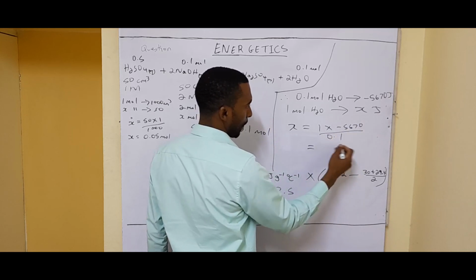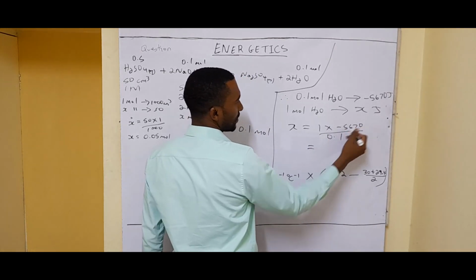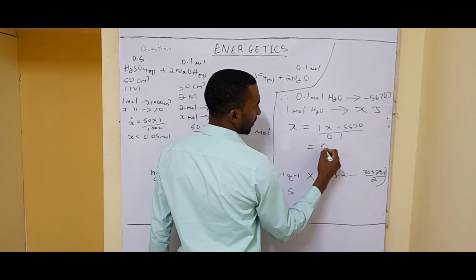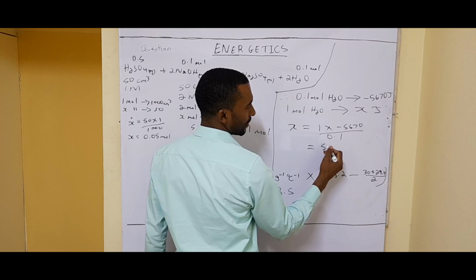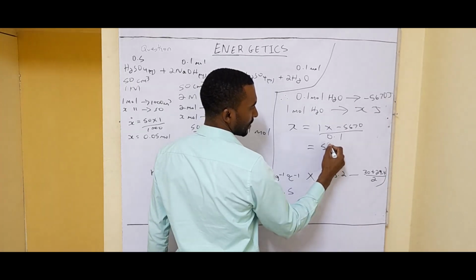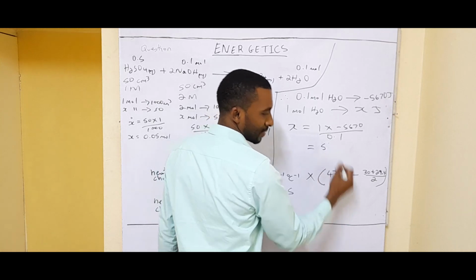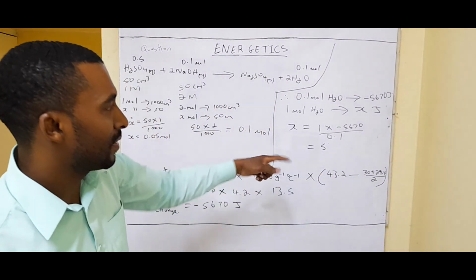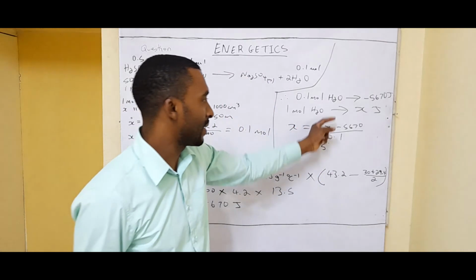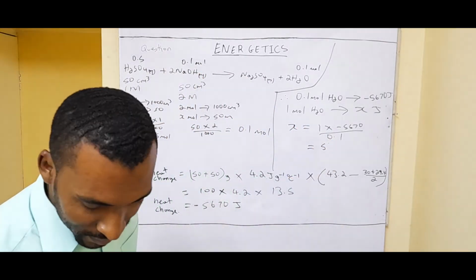What's the answer here? 5670 divided by 0.1. Overall, it will just be negative.